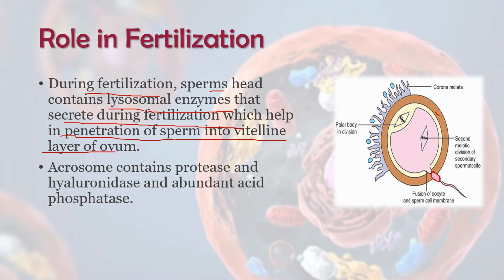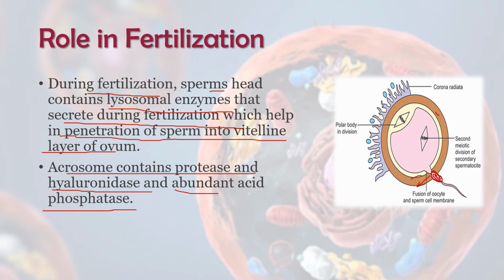The sperm has the acrosome, which contains lots of hydrolytic enzymes: proteases, hyaluronidases, and abundant acid phosphatase. Hyaluronidase helps in the dispersion of cells around the oocyte.